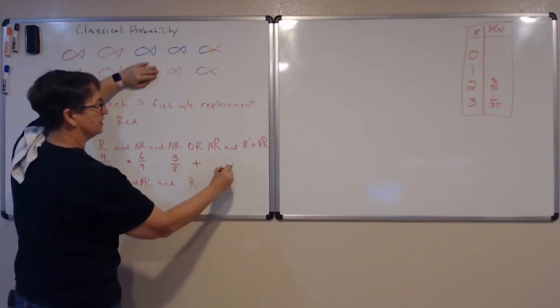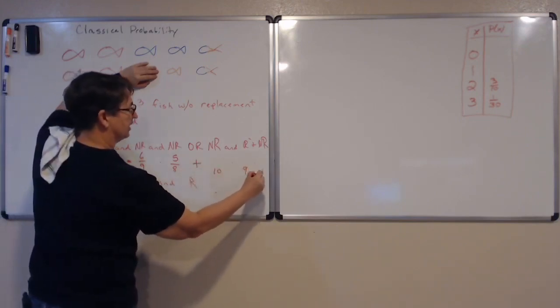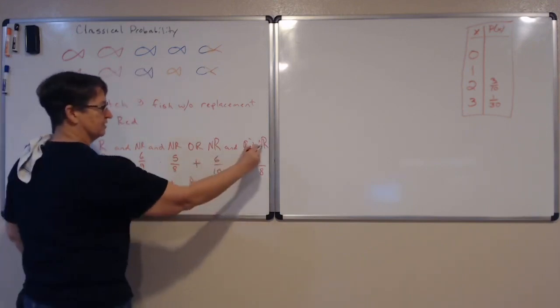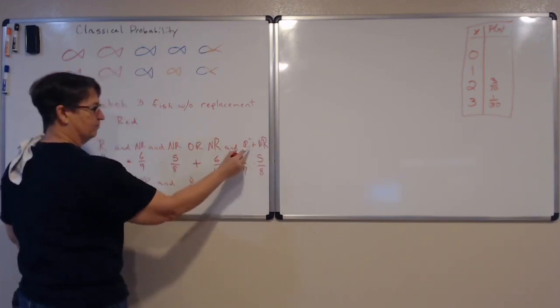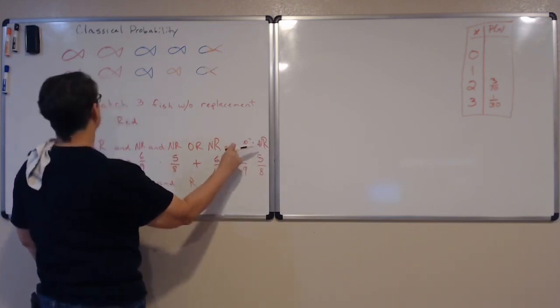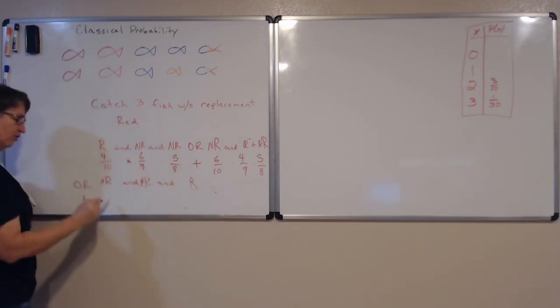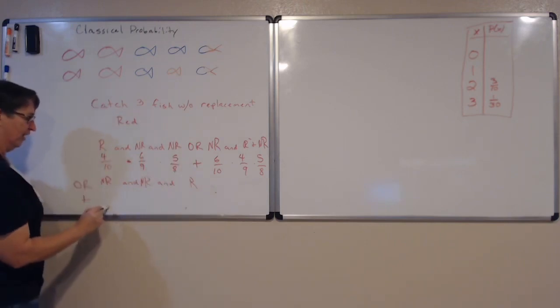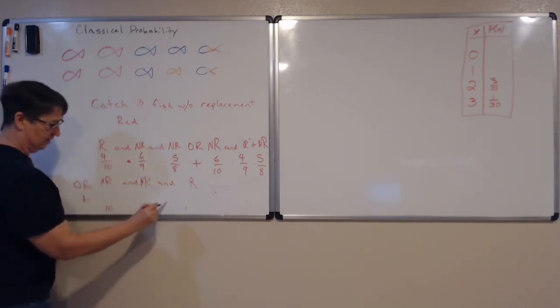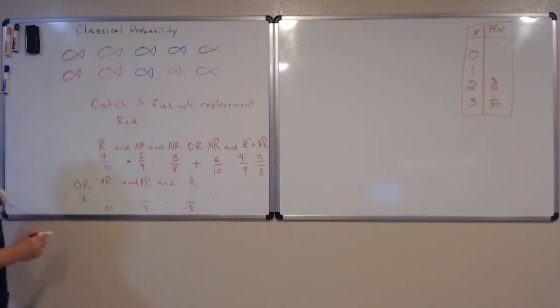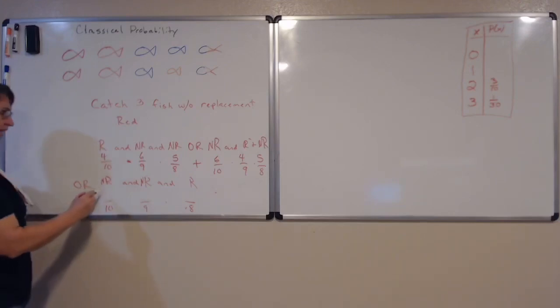So again, it's going to be that same thing over and over again. It's just a matter of figuring out one of them, and once I figure out one of them, then the rest of them kind of fall in line.